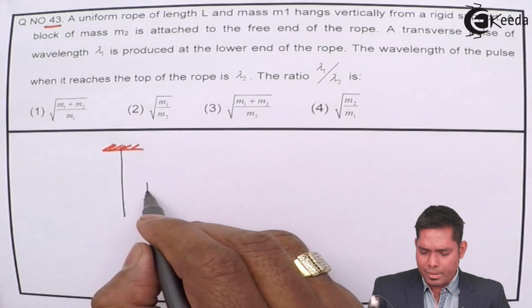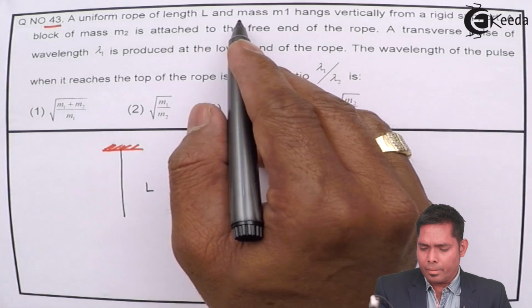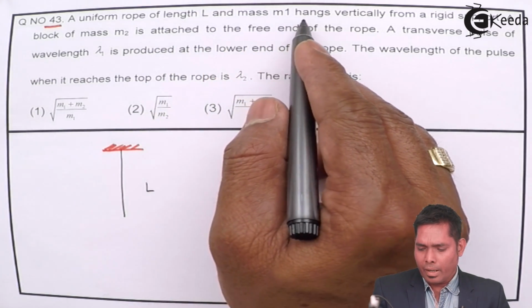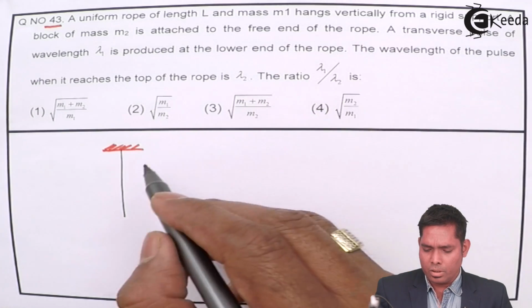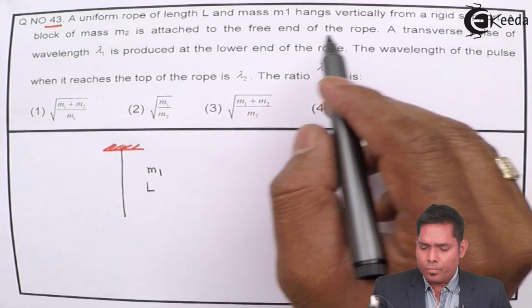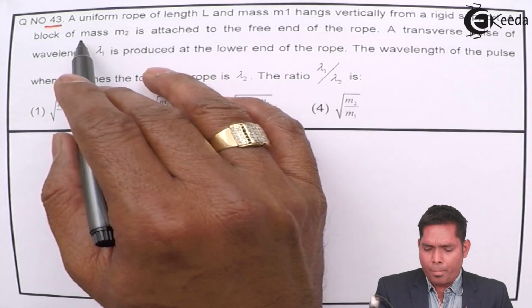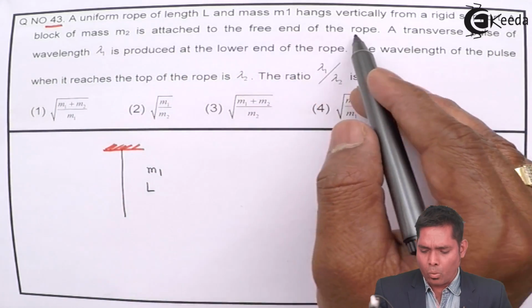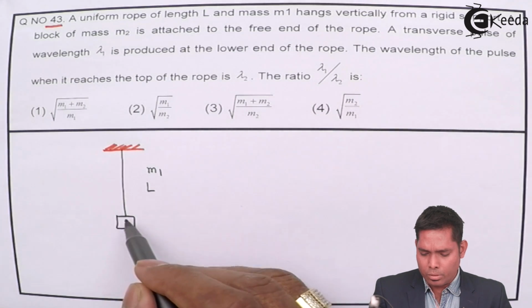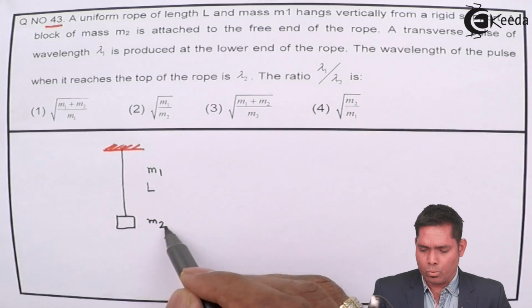The length of this rope is L and its mass is M1. A block of mass M2 is attached to the free end of the rope. So there is a block here, attached to this free end, and its mass is M2.